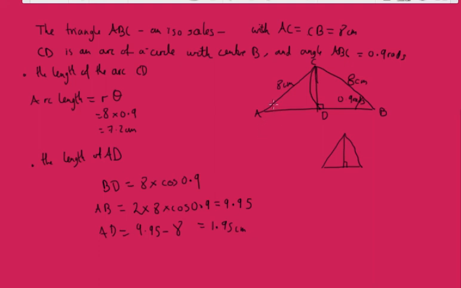Now, what we're going to do here is colour this wee bit in. And we want to find the perimeter of the shaded bit.